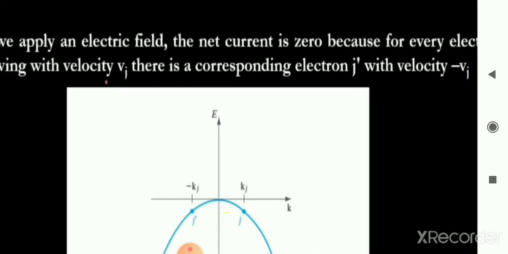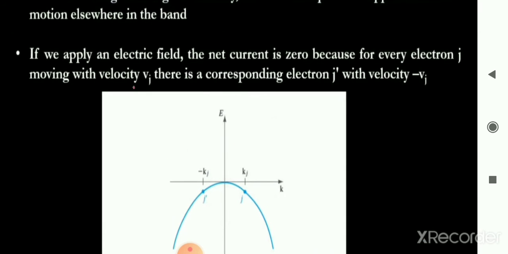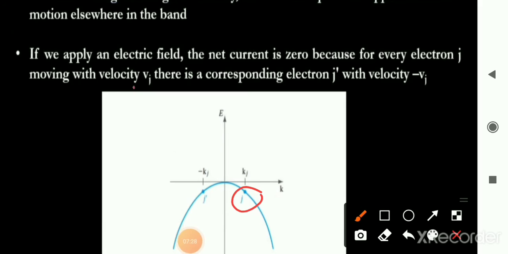At one point, if we consider an electron J, this is one electron, the electron J moving with a velocity Vj, at the place Kj. Kj is nothing but a momentum. This graph is drawn with energy plotted on the y-axis and momentum on the x-axis.